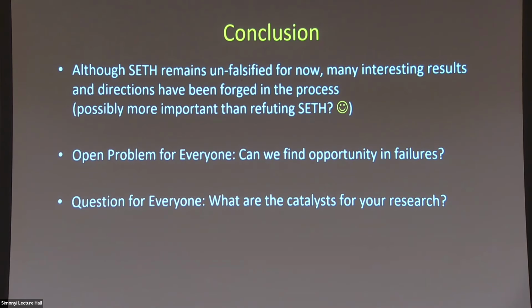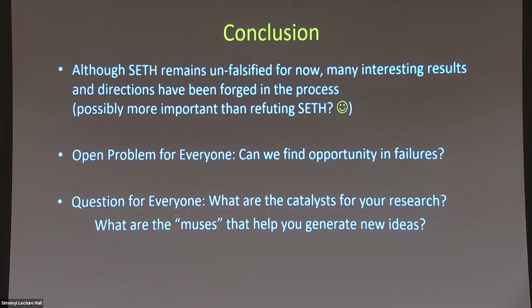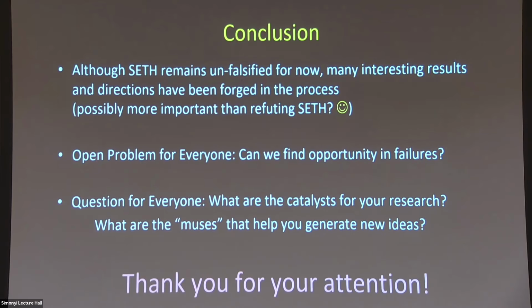What are the catalysts for your research? What kind of problems do you have that, when you think about them, you get ideas and motivations? What are the muses that help you generate ideas? Over the years, I've tried to deliberately look for things that, no matter how it turns out, I will be able to prove the result, because it's very difficult to even get intuition sometimes about what should be true or false. So thanks.